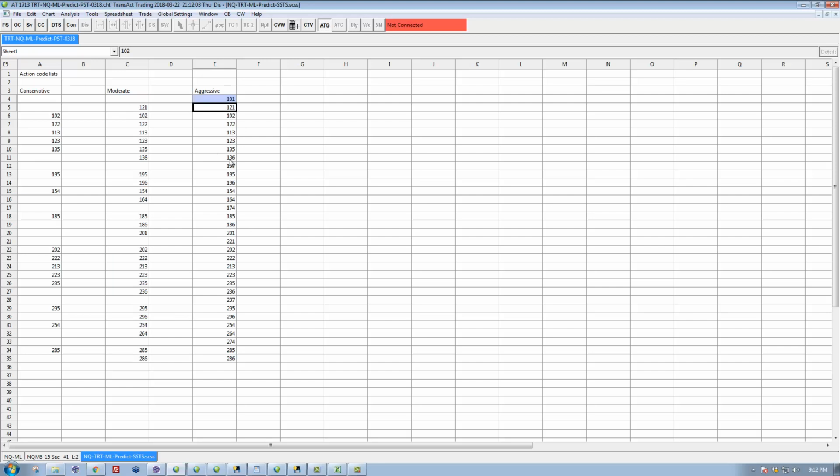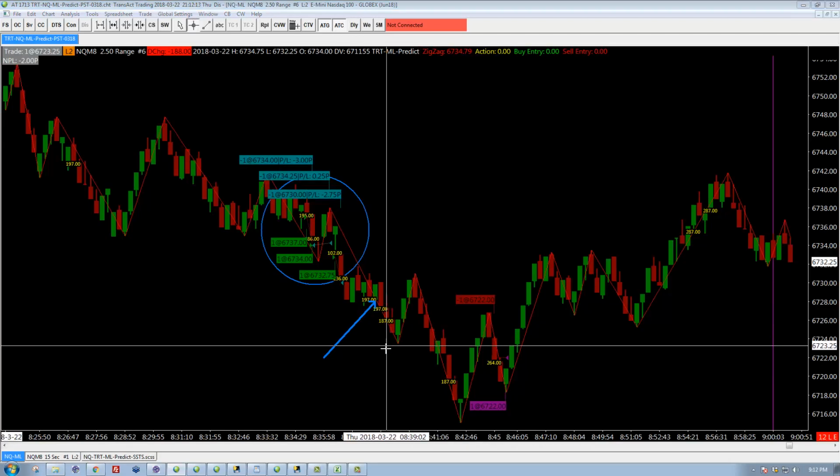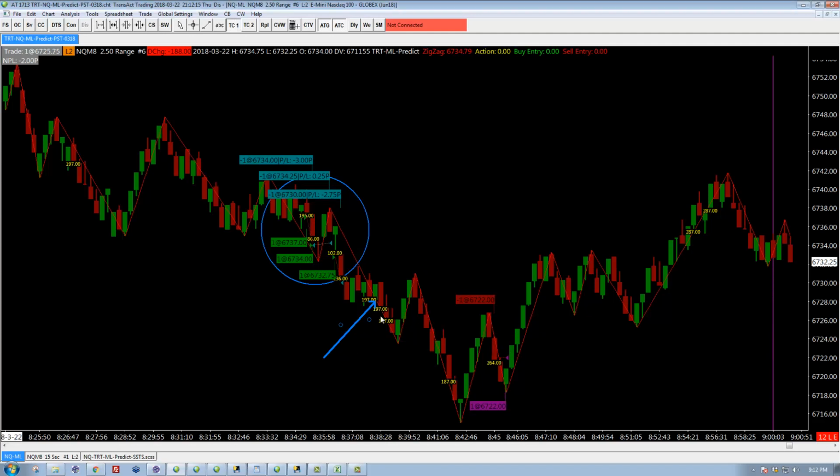The reason that you can be aggressive in a quieter environment, it might seem counterintuitive, but what aggressive means is things like this kind of behavior where the market has run far. And the market's predicting that these little pullback shorts are going to fail, and you should be getting long.